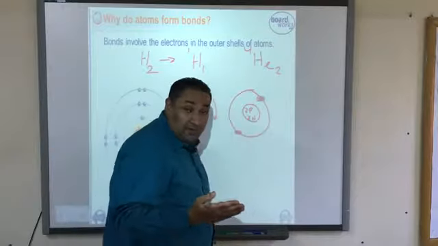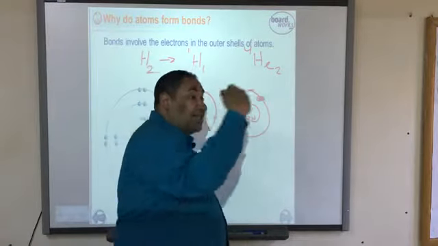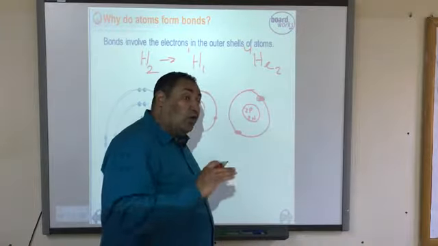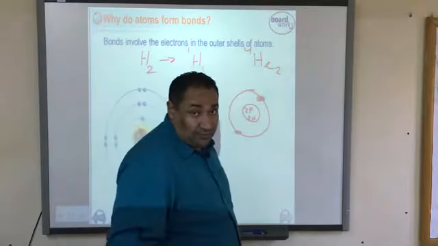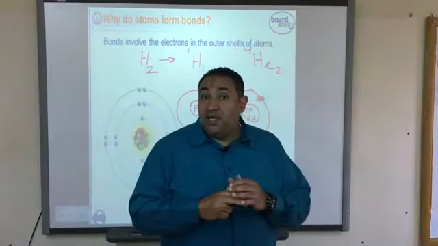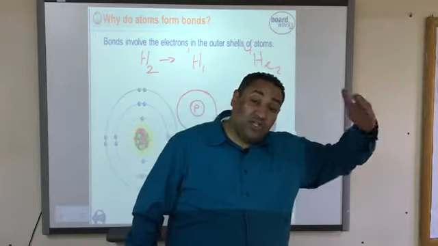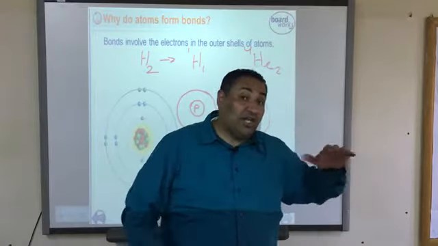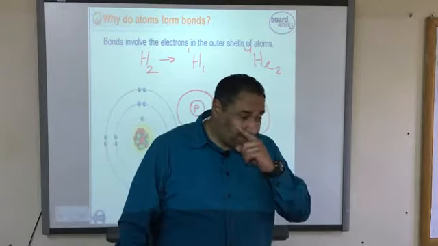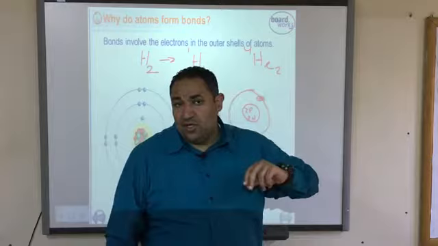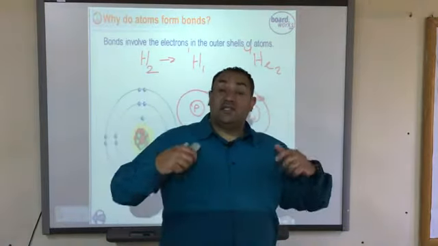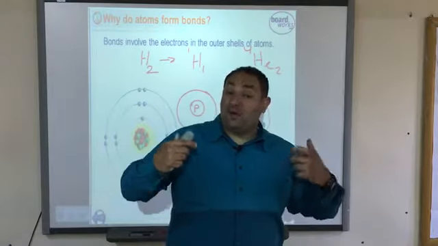It is perfect because the last energy level is always full, or has 8 electrons. The best structure of any atom is to have the last energy shell full of electrons. If you have 8 electrons in the last energy level, this atom is in a perfect structure.